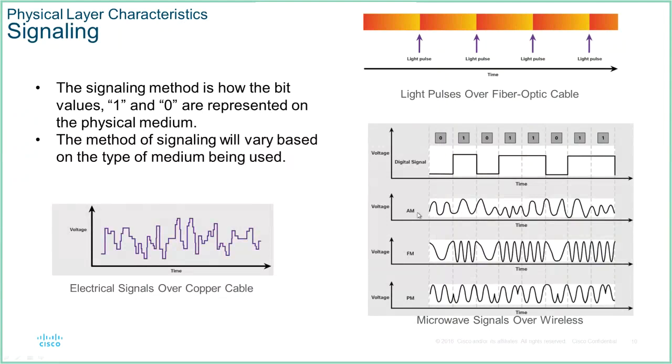Basically, what the differences are is the way the signal's sent. So AM means amplitude modulation. So it changes the peaks and troughs to represent the ones and zeros. FM is frequency modulation, so how frequent the peaks are. That's what frequency is.